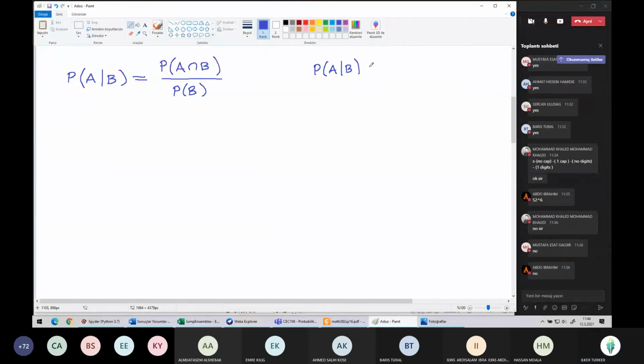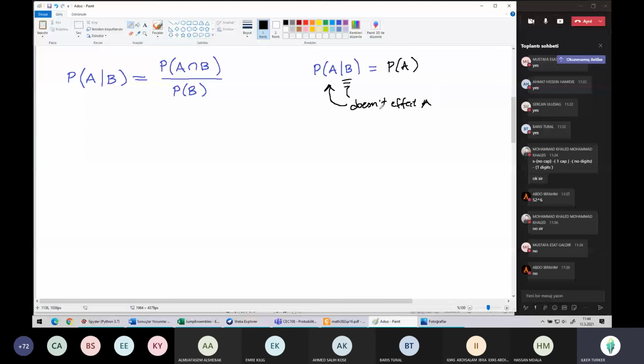So sorry. Here, if you are asked the probability of A given B, and you know that A and B are independent, what does it mean? It means that the extra knowledge that B has just occurred doesn't affect event A. So I can say that this is equal to P(A) simply.